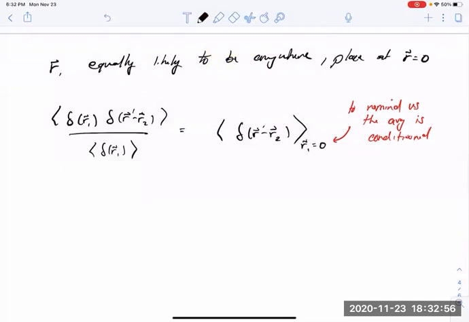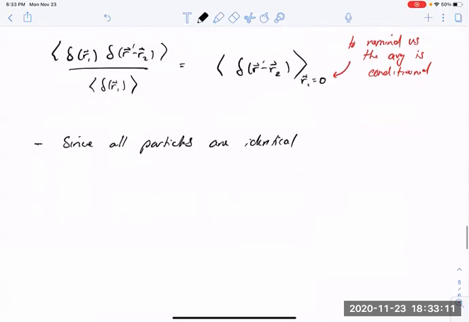Now, if all the particles are identical, so we're thinking about this simple fluid, I can write this conditional probability on average as a sum over all the particles j not equal to particle 1, divided by the number of particles there are.